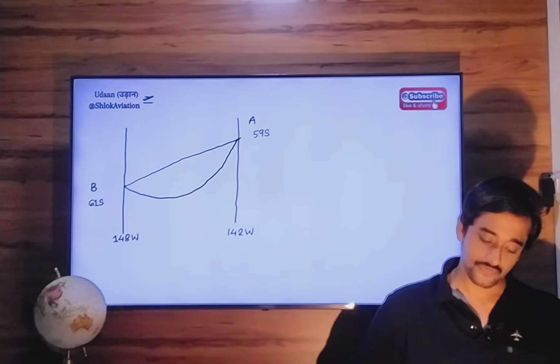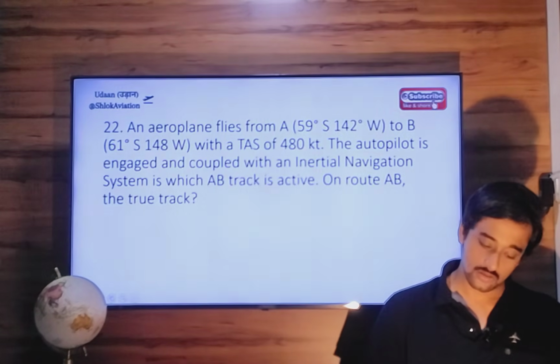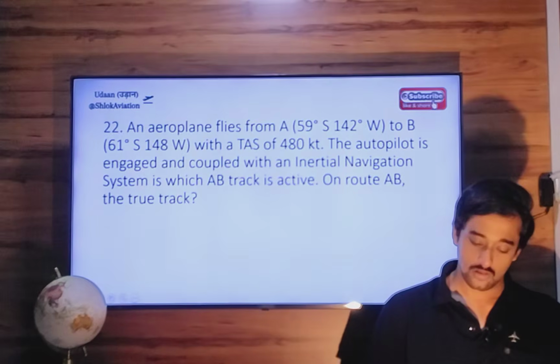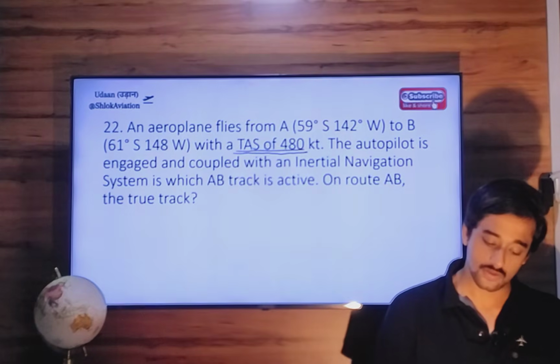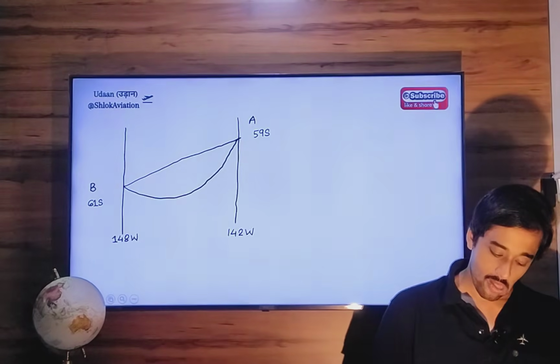Right? So true airspeed is 480 knots. Okay, true airspeed is 480 knots.